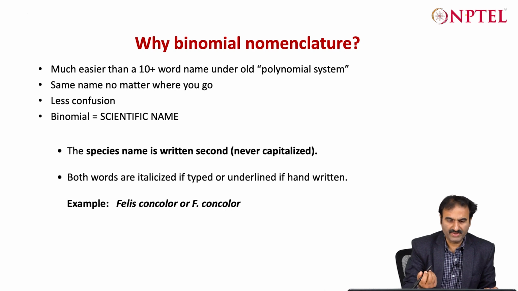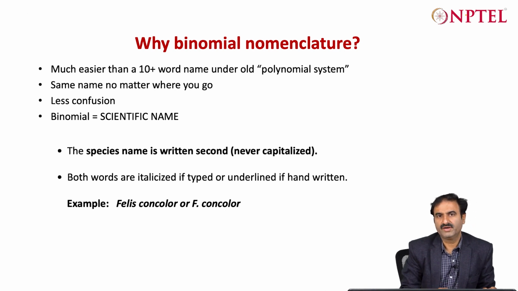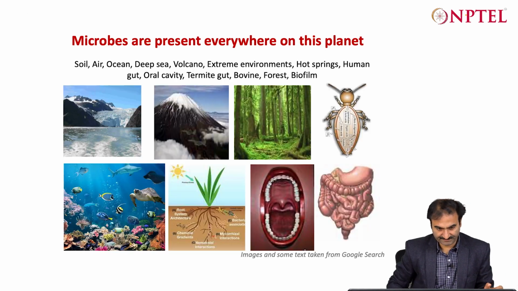This is the common modern system of assigning names because it is more scientific. If you assign a genus and species name, then somebody else sitting at a very distant location can give the same name and use that bacterial species for their research. So it avoids ambiguity.